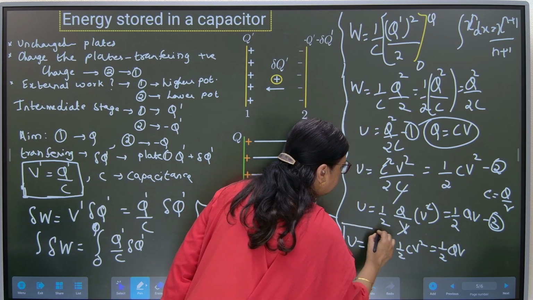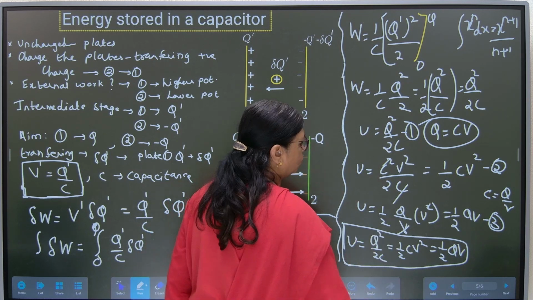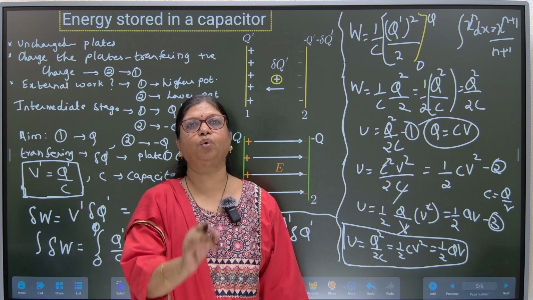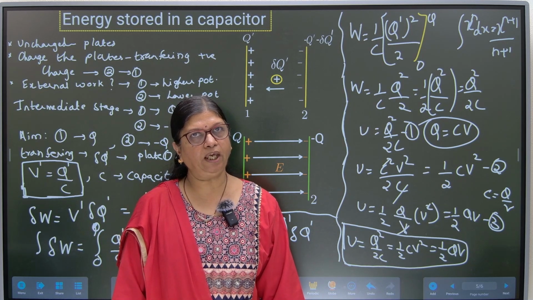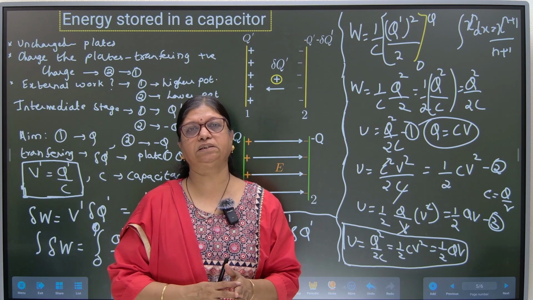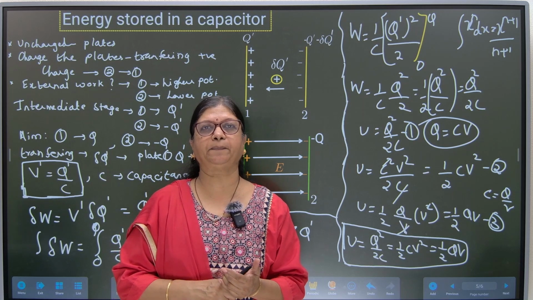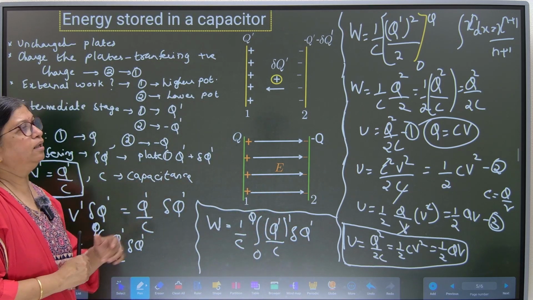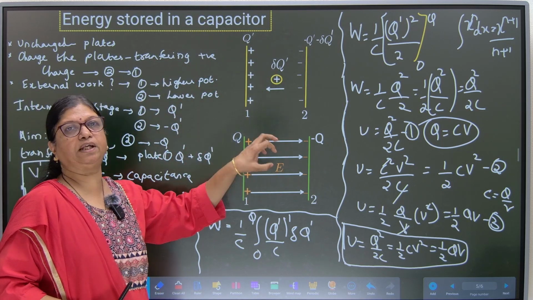As the numerical is given to you, accordingly you can use any of these formulas for the energy stored in a capacitor. Fine. So I hope the process of finding the value of energy stored in a capacitor is understood by you. And we have reached from this intermediate state to this final state of the capacitor.